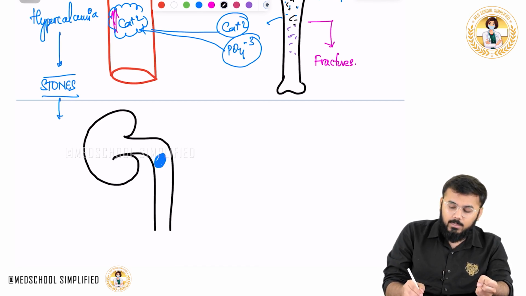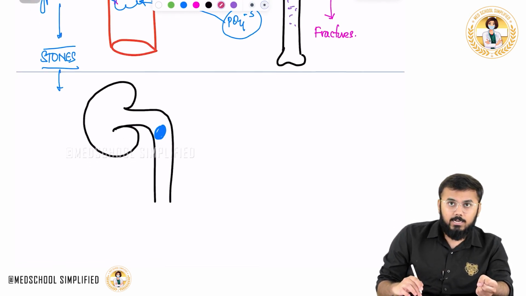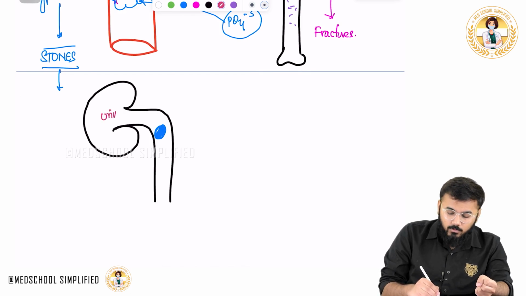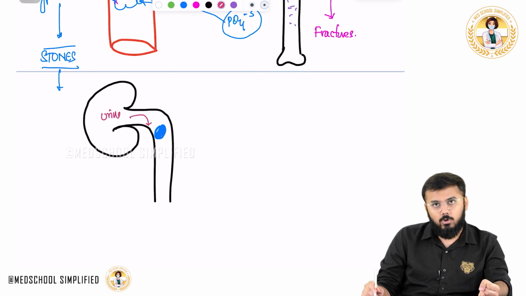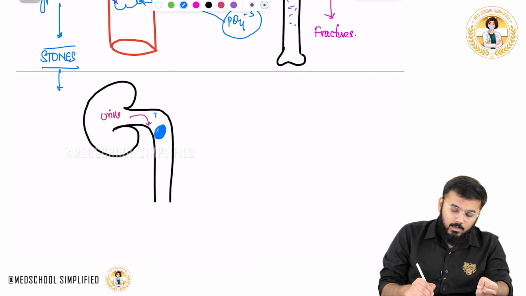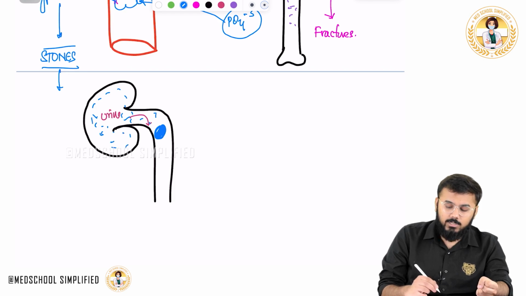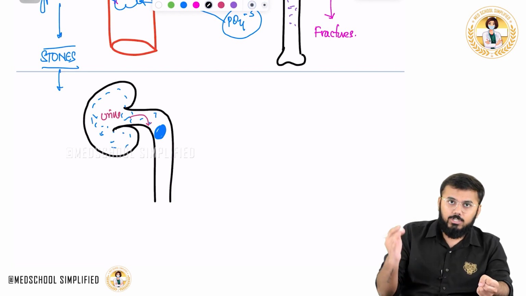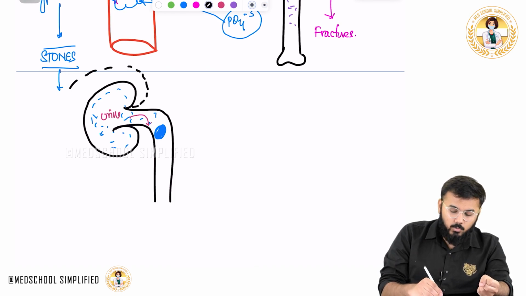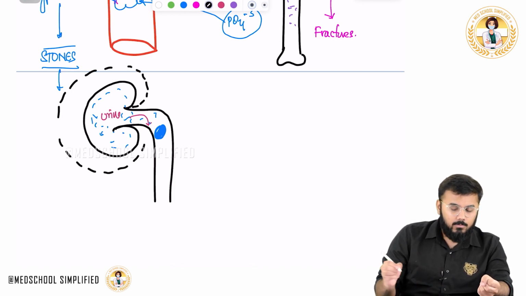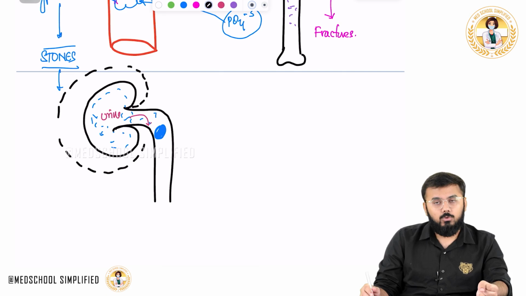Now what is happening here? In this condition, do you think the patient can pass the urine normally? No. So when urine is not passed normally, what is going to happen? The urine will stay within the kidney itself, right? As the urine is staying within the kidney, in gradual time, the kidneys will swell. You are getting it? The kidneys are going to swell.